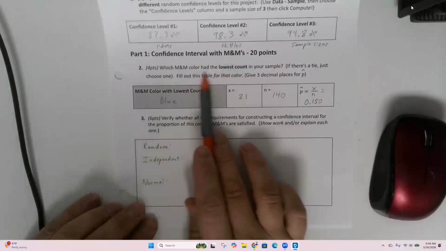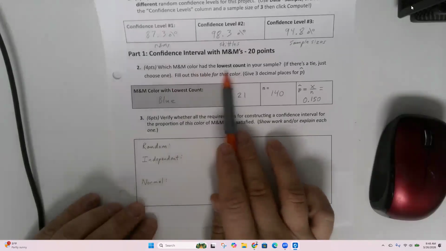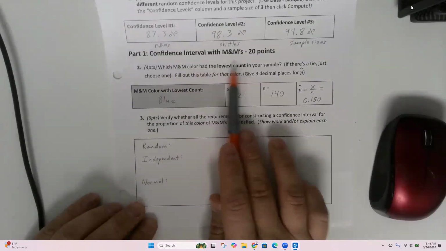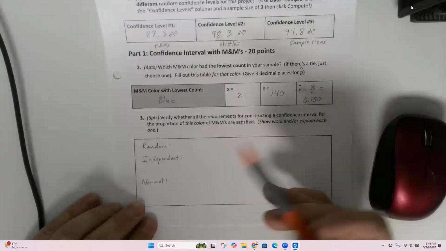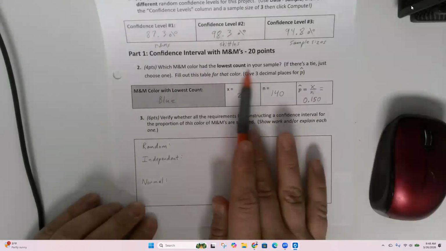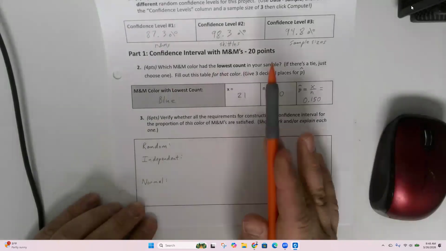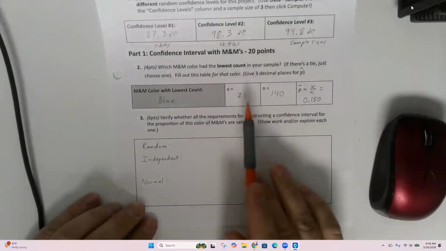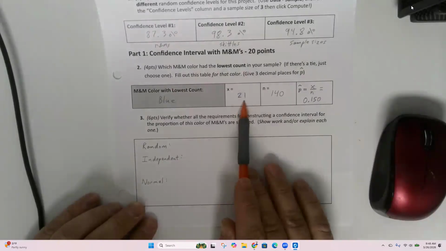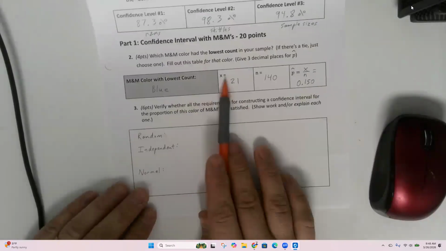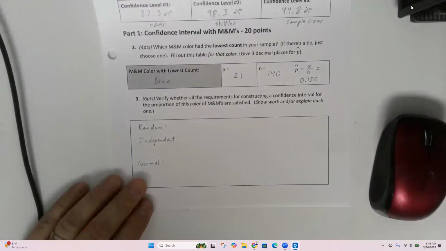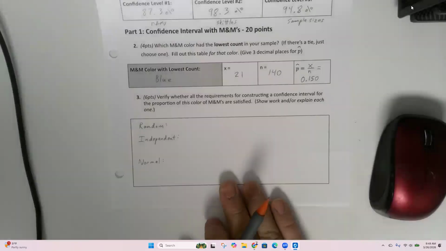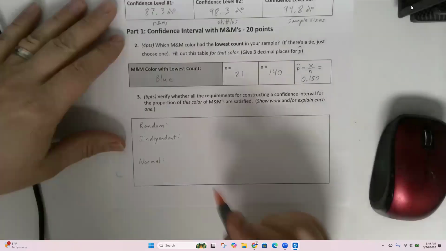In this case, they told us to go find the M&M that had the lowest count. If we wanted to look at highest count, my X would be whatever my highest number is. Or if they said how many greens did you have, I would just write X as however many greens. So X isn't necessarily the lowest, it's the lowest because that's what they told us. For chapter nine review, X is the event that we are building the confidence interval around.